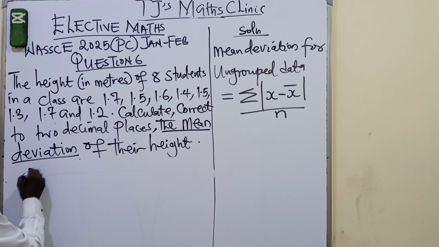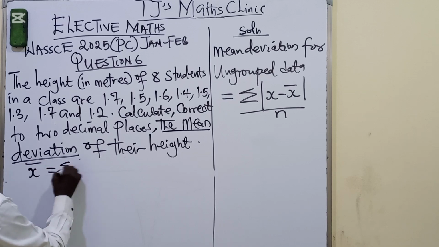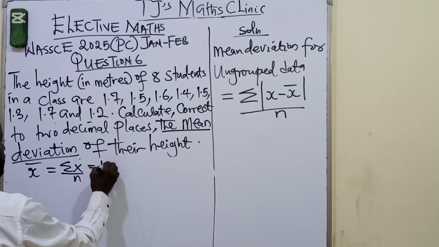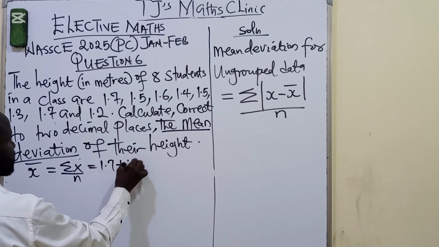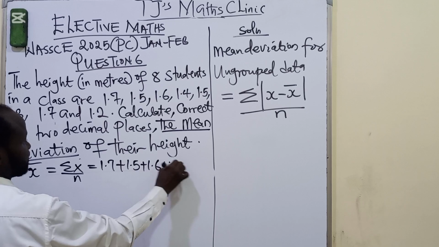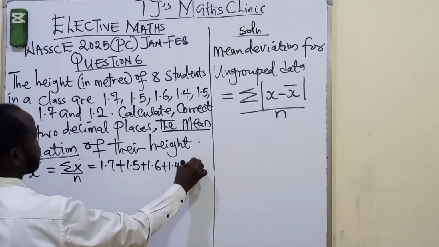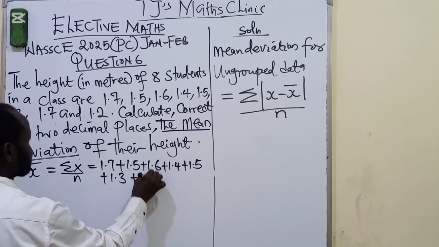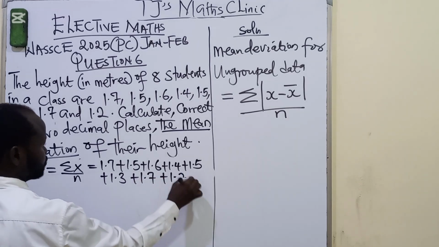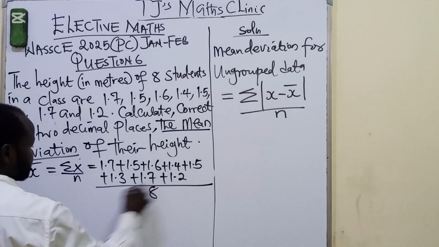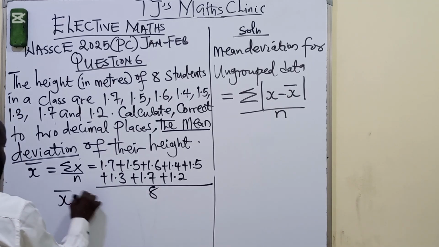So x bar, which is the mean, will be the summation of x divided by n. We sum all these: 1.7 plus 1.5 plus 1.6 plus 1.4 plus 1.5 plus 1.3 plus 1.7 plus 1.2, divided by how many numbers we have: 8.